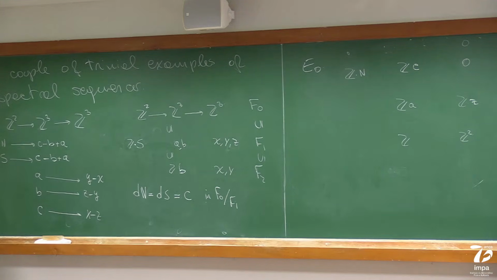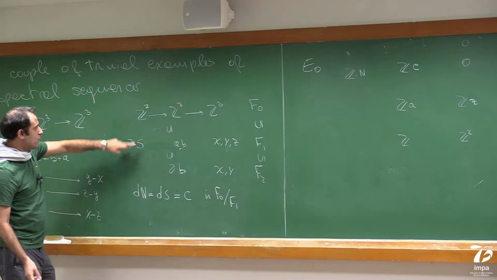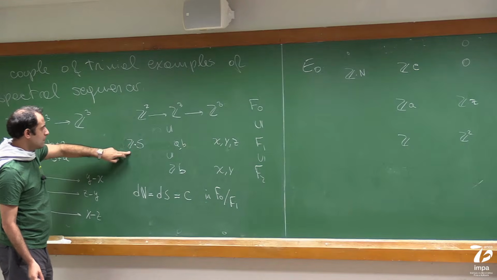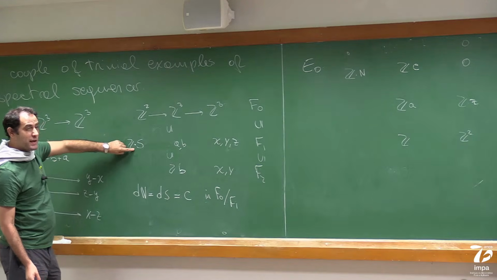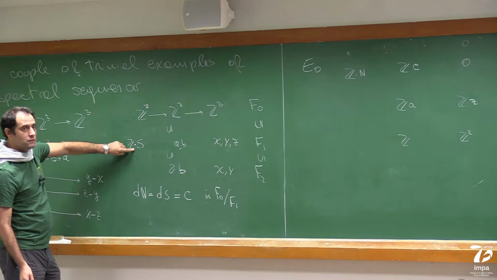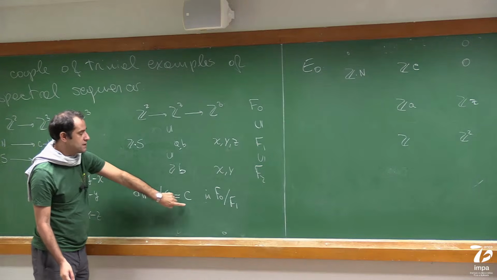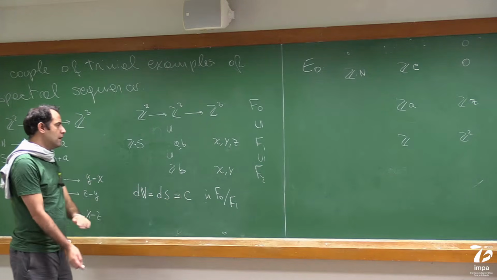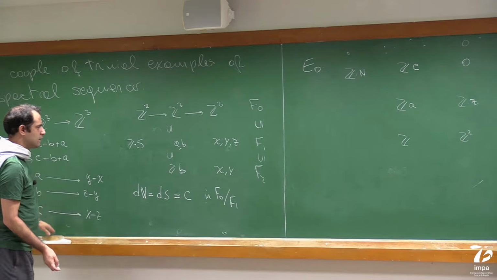Is that right? Now, S is 0 in F0 modulo F1, but N is not. So perhaps I shouldn't have included S in my F1, because I can still just take these two guys to be the same. So actually, let's do that.